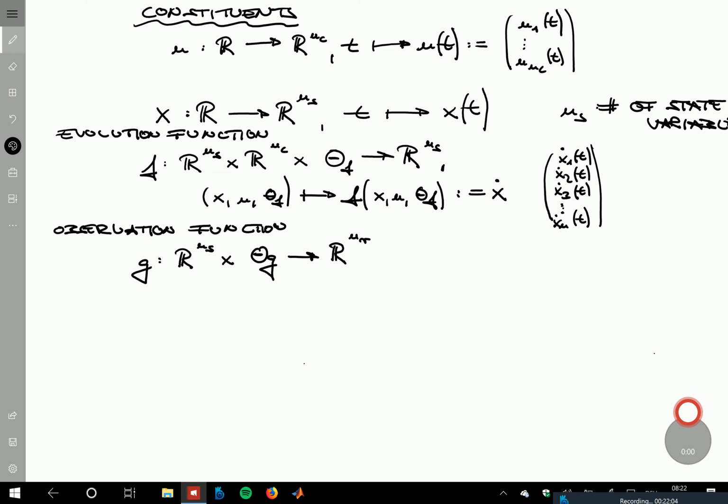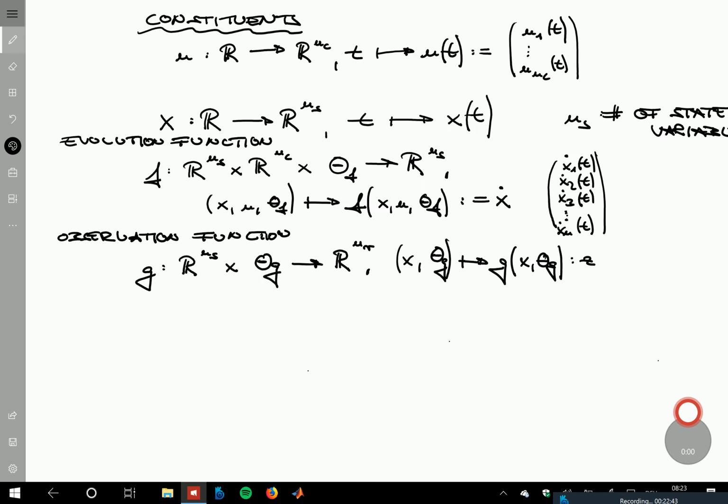You can also view it as projecting a high dimensional latent model onto lower dimensional but still multivariate data features. So it takes a state vector of dimensionality ns, takes a parameter vector theta g, and maps it onto a value, and this value, as seen above, we call z.